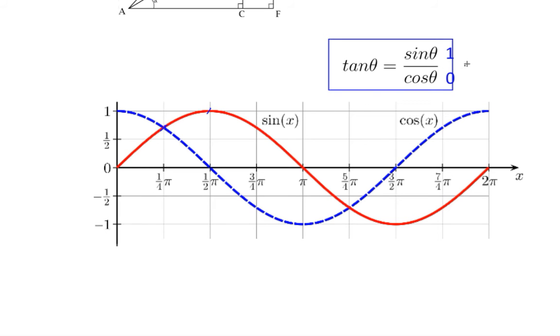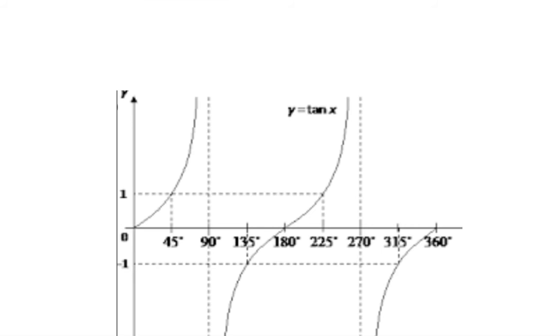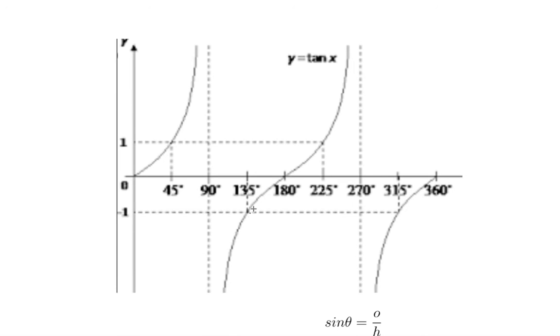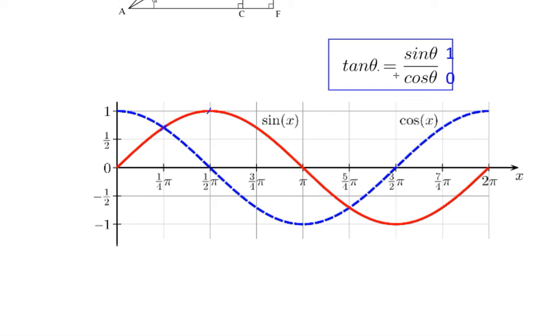Now, if I had root 2 over 2 divided by root 2 over 2, that's the same thing divided by the same thing, I'd get 1. So at 45 degrees, tan is 1. So tan is mapping out the values when you take sine divided by cos. That's why tan looks like this. And just to be reminded, this is the equation of tan, sine theta over cos theta.